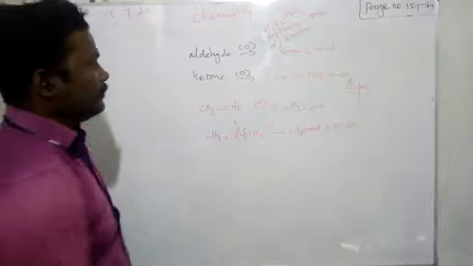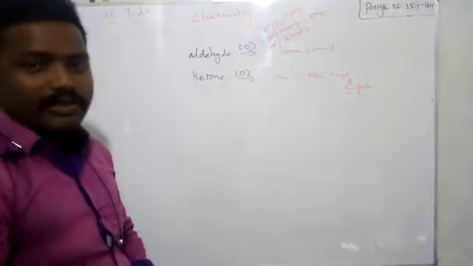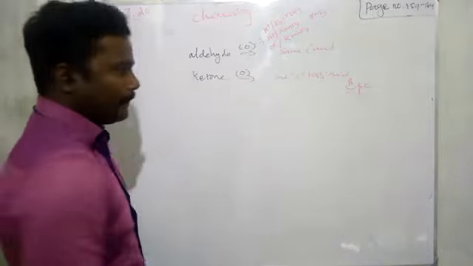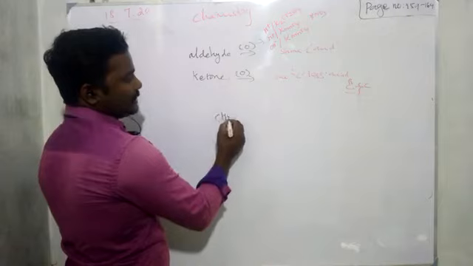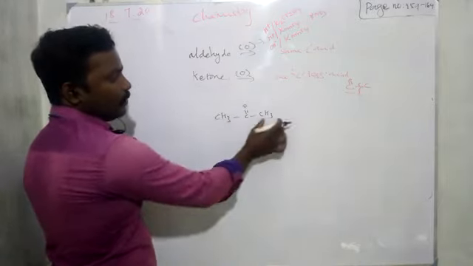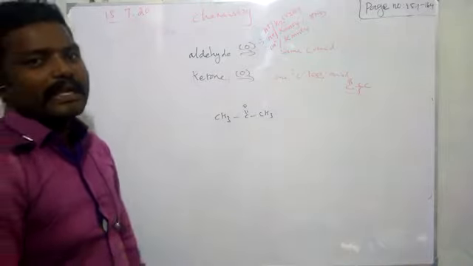Okay. Then, in oxidation, a very important reaction is the oxidation of unsymmetrical ketone. CH3-C=O-CH3. Now both sides we have only similar groups, CH3 and CH3. This is called a symmetrical ketone.